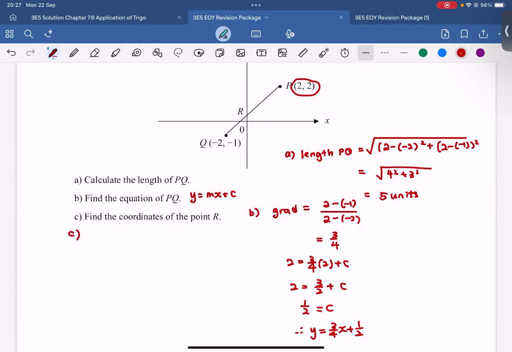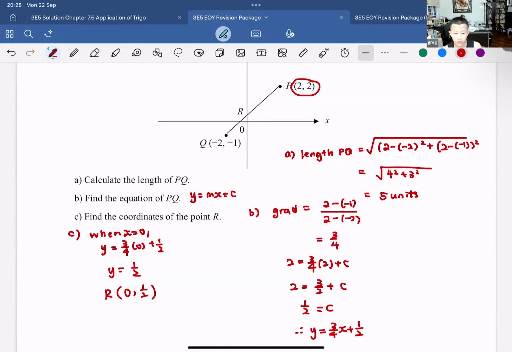What's so special about R? X equals 0. Yes, correct. R is on the y-axis. So when x equals 0, y equals 3/4 times 0 plus half. So y equals half. You do not stop here. You have to write R is 0, comma half. If you go and write R is half, comma 0, you also don't get marks. So that's how careful you need to be.